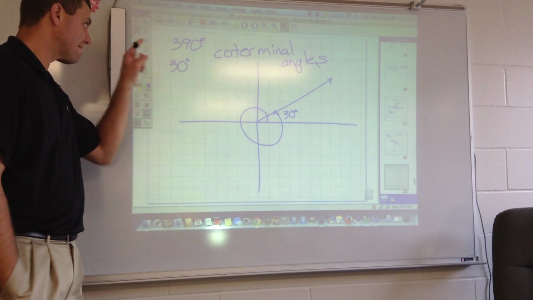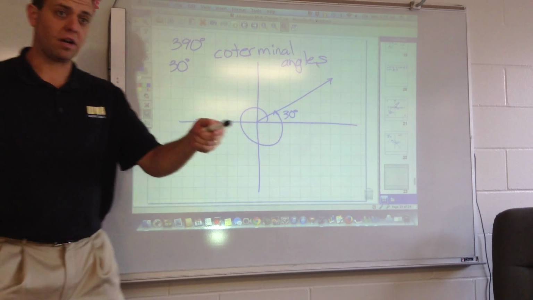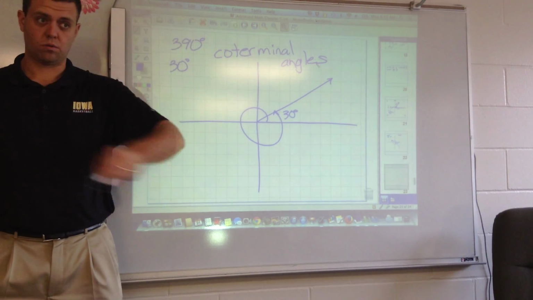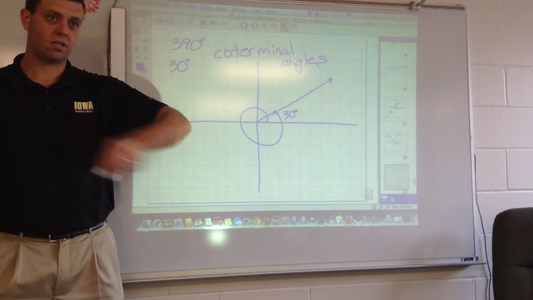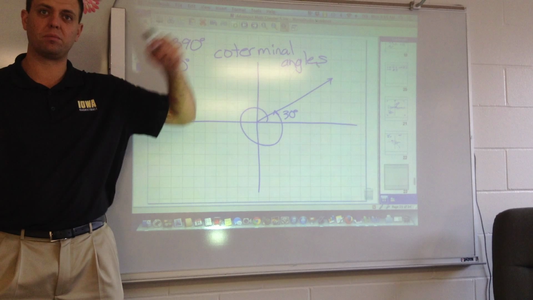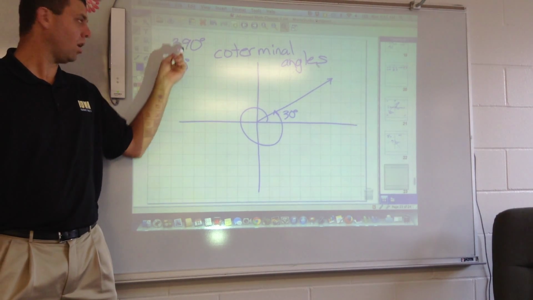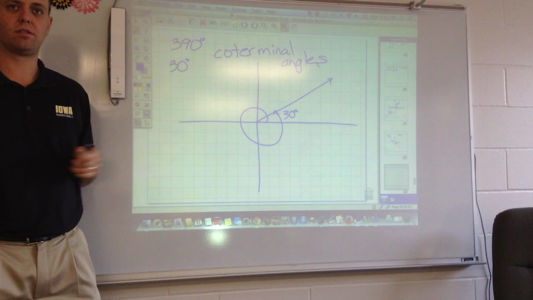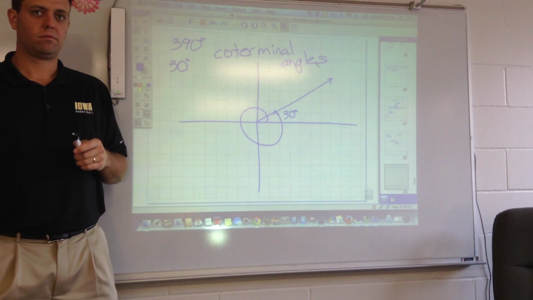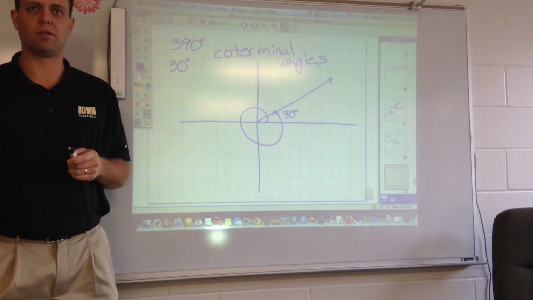750 degrees. Same thing. Go around the circle twice with the 30. 360, 720, another 30 more on top of the 720 would be 750 degrees. So 750 would also be coterminal with this. So 1,110 would be coterminal with that.